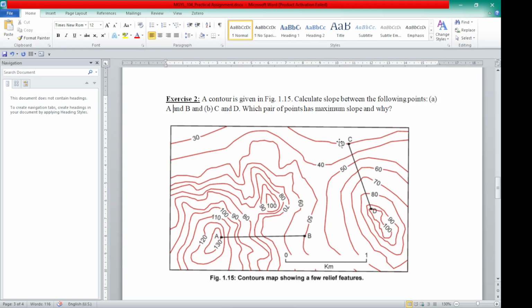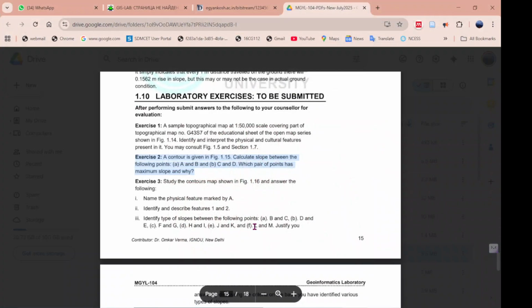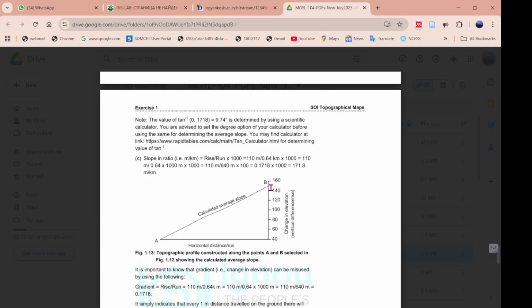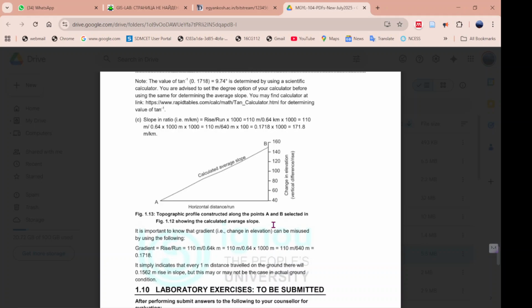I'm just going to think that this is also 1 kilometer. This is also 1 kilometer. B height over here is 50 and A is 130. So coming back to the exercise where slope is being calculated, this is horizontal distance, this is the vertical distance. Both of these we already know.